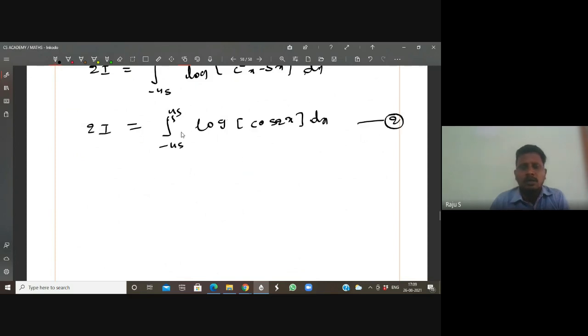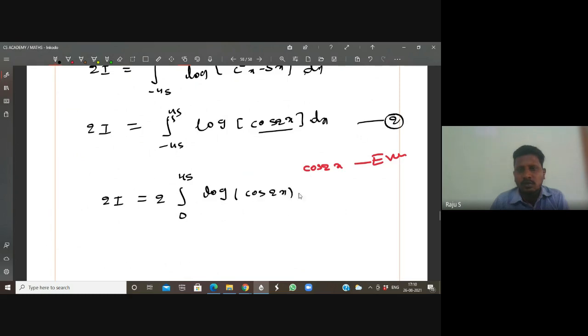Now see here, clearly cos 2x is an even function. Whenever it is even, minus a to a can be written as 2 times 0 to a. So 0 to 45 log of cos 2x into dx. We can write.